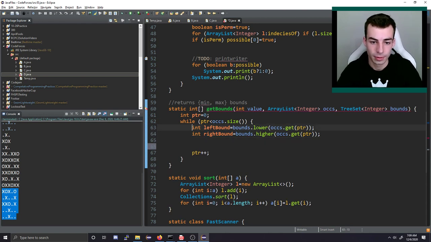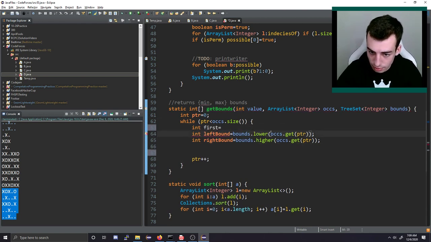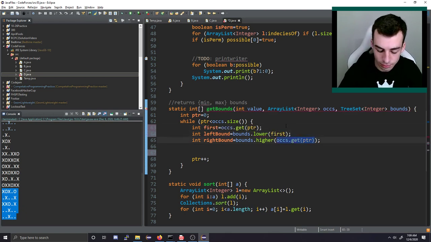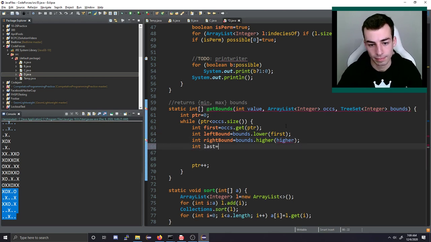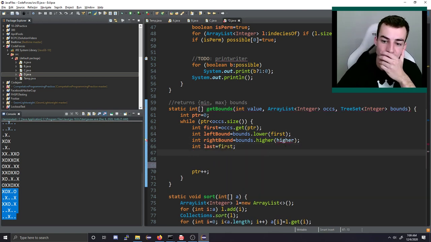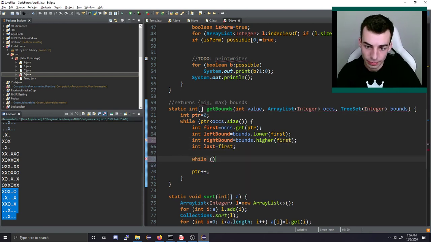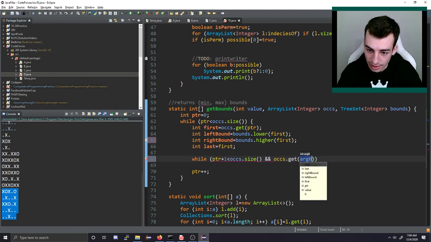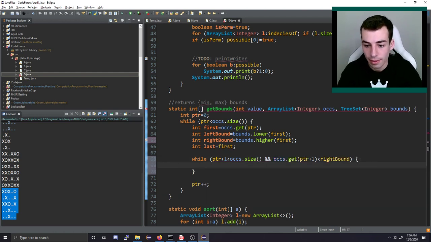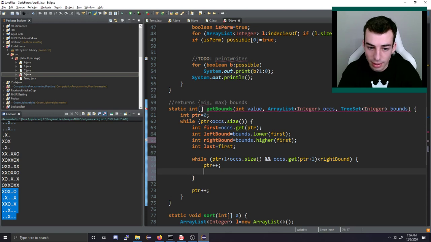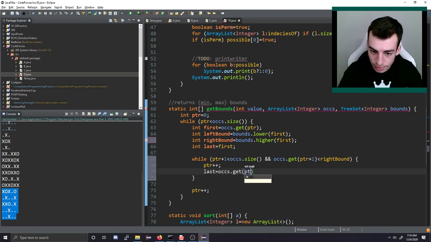And first will be this. So while PTR plus 1 is less than x dot size, and x dot get PTR plus 1 is less than the right bound, then PTR plus plus, and then last equals x dot get PTR.